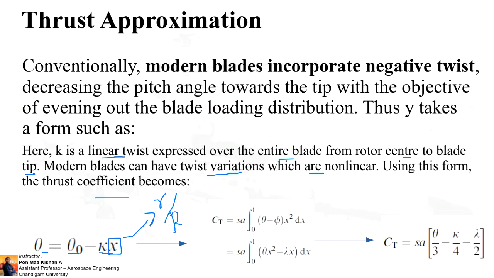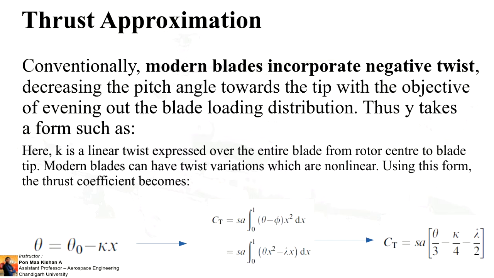In modern days we have non-linear twist, changing throughout the span length, but for this particular problem we can consider a linear twist, so that we can identify how much the twist angle is changing. This is the initial pitch angle minus how much twist is there, and at which place the twist is starting. That's why it is given as r by R.